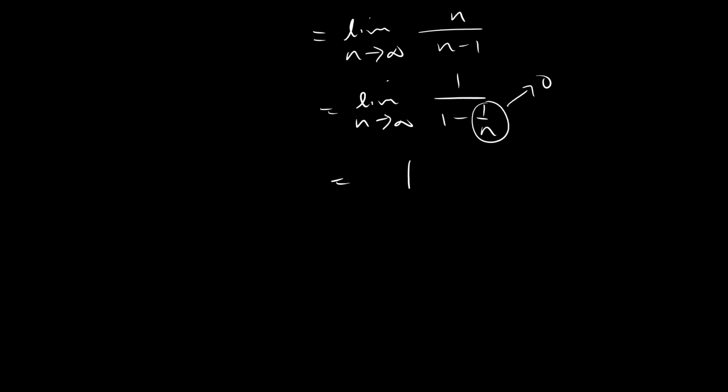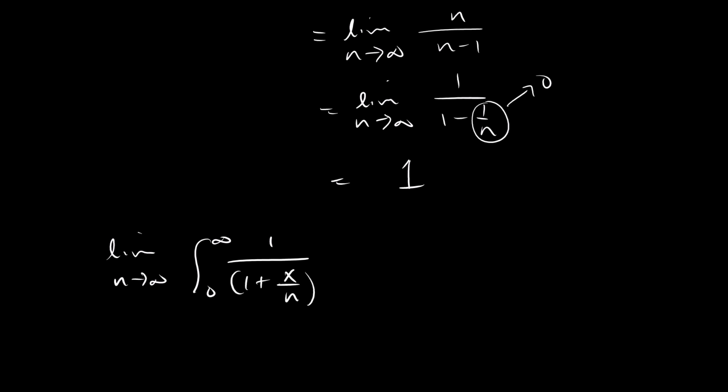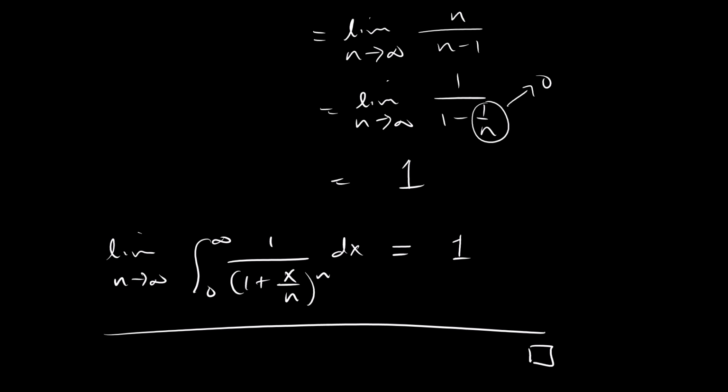So we have 1. Therefore, the limit as n tends to infinity of the integral from x equals 0 to infinity of 1 over (1 plus x over n) to the power n is equal to 1. And that is our answer.